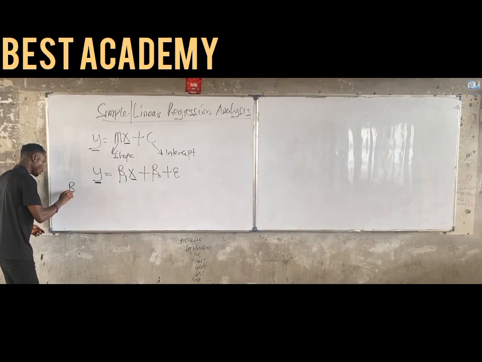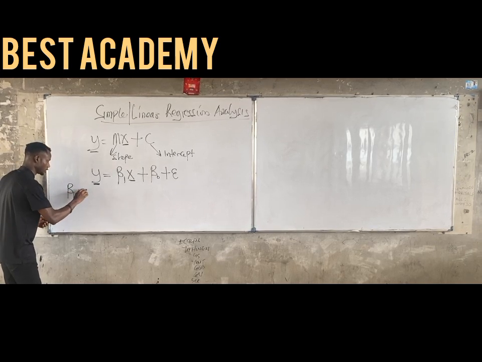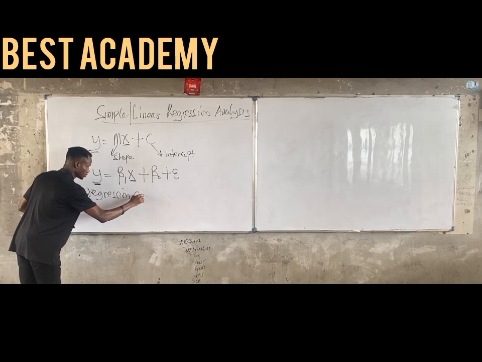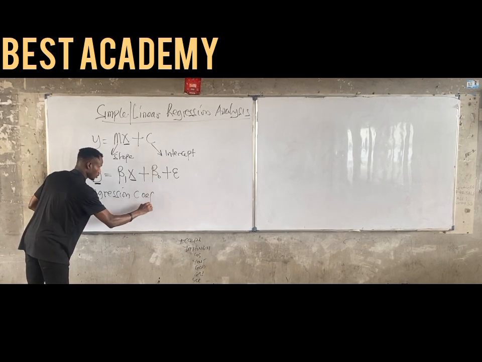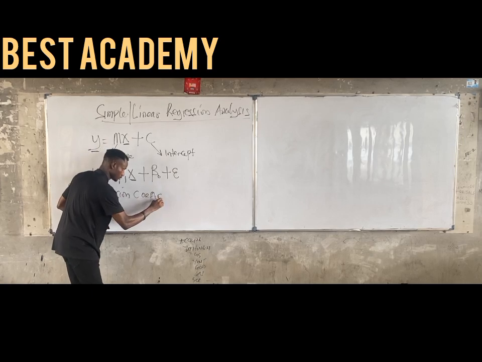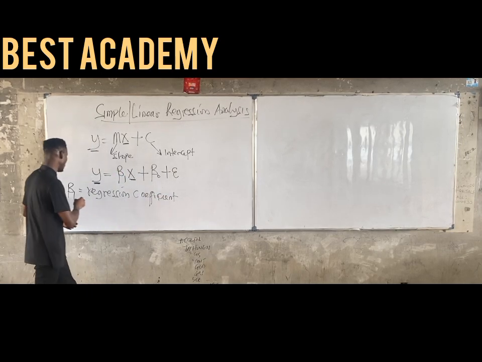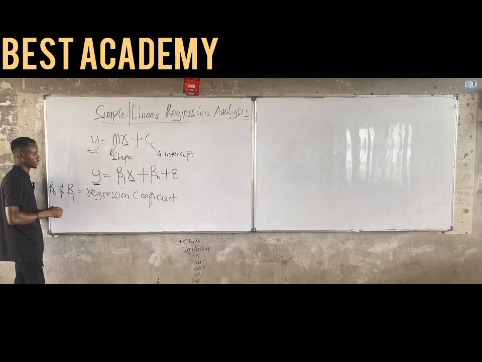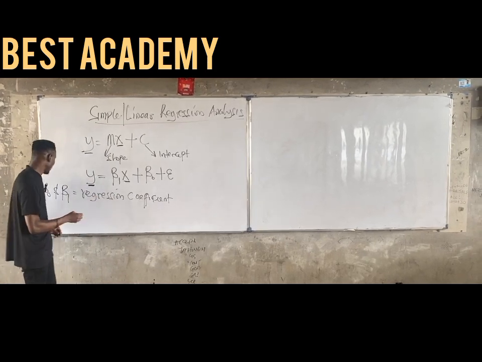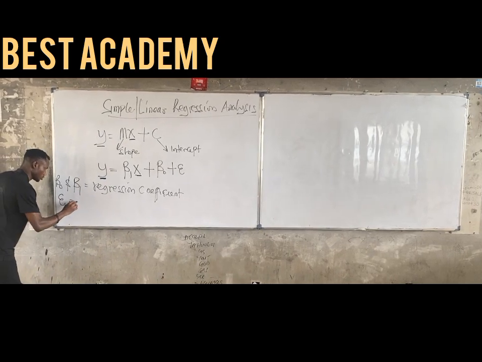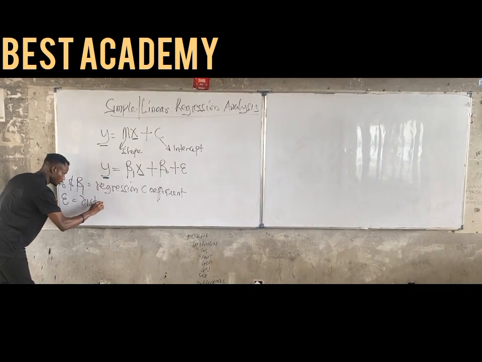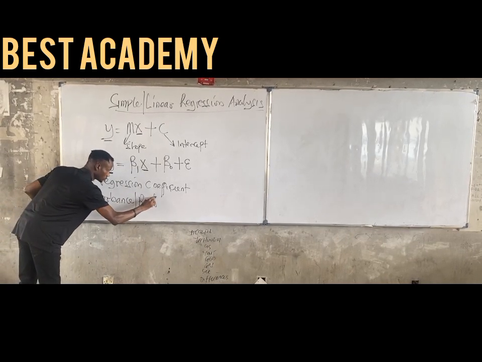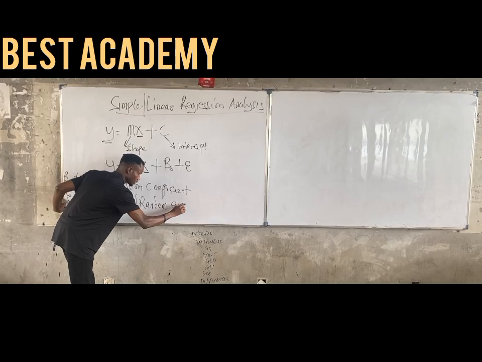This beta 1 here is said to be the regression coefficient. That is beta naught and beta 1, they are the regression coefficients. Please take note. This e here is said to be the disturbance or random error. Please take note of this.